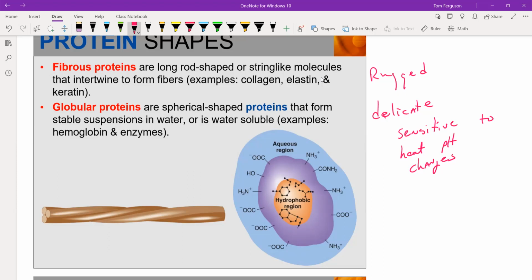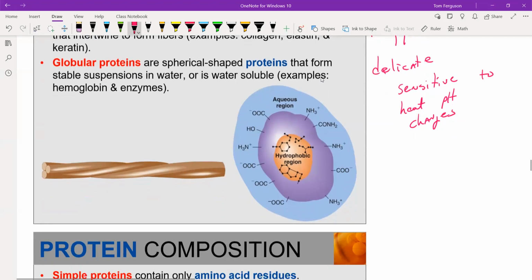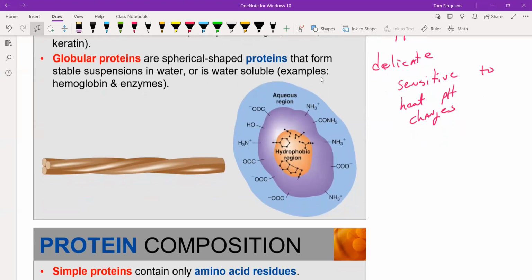Okay, let's talk about globular proteins now. Globular proteins are usually, instead of long and skinny, typically globular, kind of roundish, a big glob, and it has to do with two things.